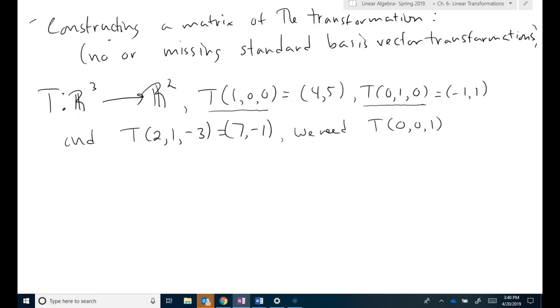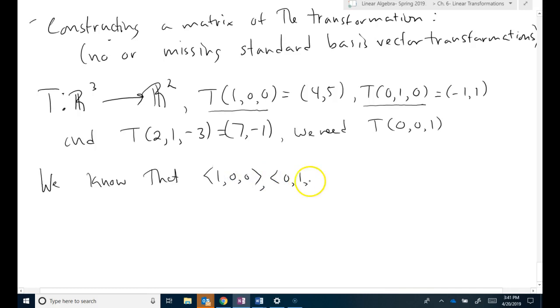Okay, so we know that these three vectors, (1, 0, 0), (0, 1, 0), and (2, 1, -3), are a basis for R3.